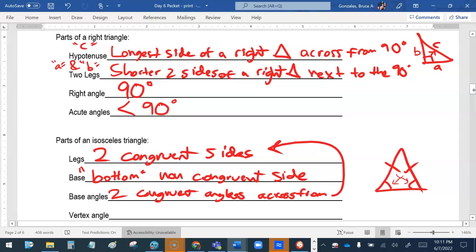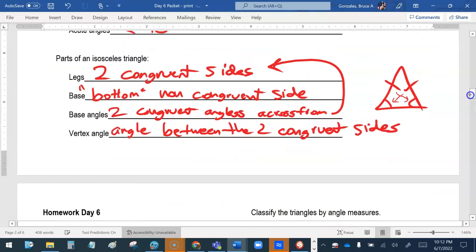The vertex angle, it's the angle between the congruent sides. I'll let y'all write that down, and then we got to talk about this assignment.